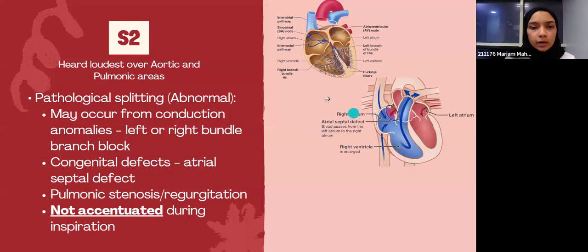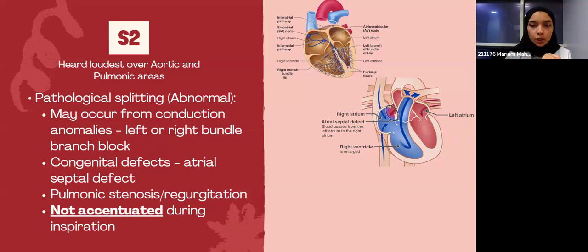Okay. So another problem is a congenital defect, which is atrial septal defect. Okay, it will cause a pathological splitting. So if you have a hole between the atriums, basically this part between the atriums is open, and because the left side has a higher pressure than the right side, when the heart contracts the blood will pass from the left to the right.